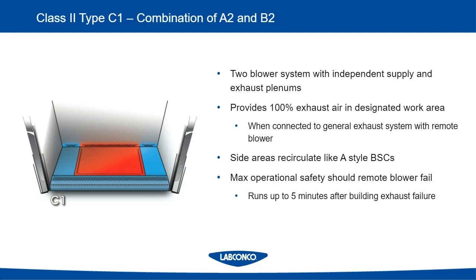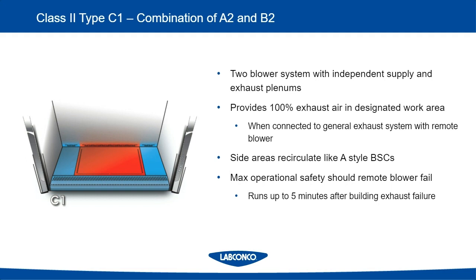Now, what this gives the user is it means that this red rectangle in the center is what is called the chemical work area. This area is providing 100% fumes. However, the sides are recirculated through the cabinet similar to like a Class II A2. This really reduces the CFM requirement on the room and how much exhaust is pushed out of the building.